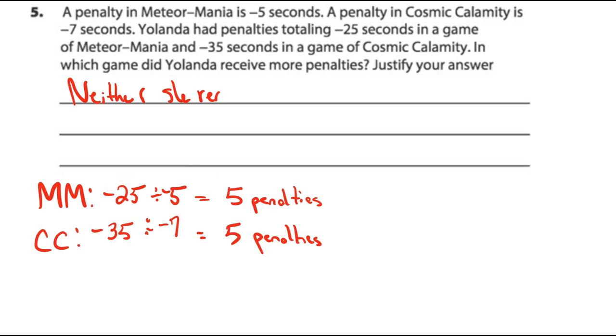She received 5 penalties in each of the games. Okay, we explained ourselves. We're saying she got 5 in both. Therefore, there wasn't one that she had more penalties in.